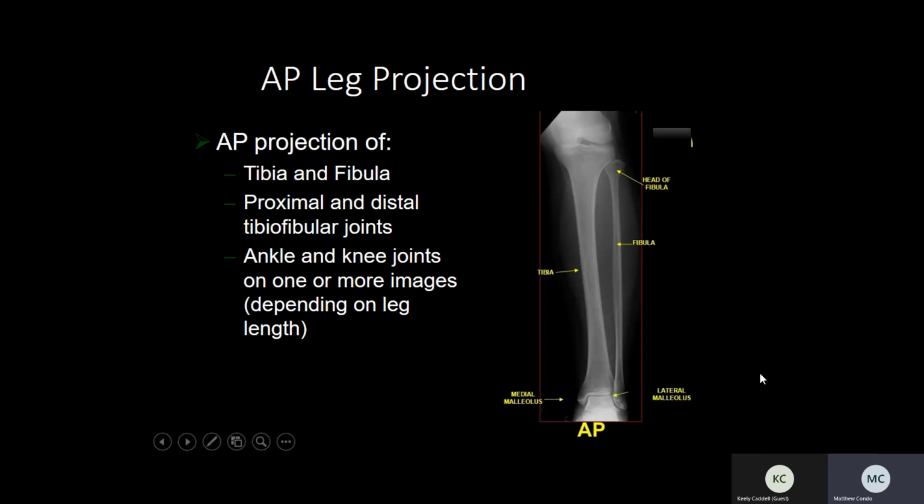The lateral malleolus, if you remember from anatomy, sits a little more distal than the medial malleolus. Okay? Now, that's going to become important because we're going to see this little tip of bone come out for the lateral projection of the ankle, and that's going to be a normal finding because it's going to be the lateral malleolus. It's not going to be something abnormal. Don't think it's a chipped bone.